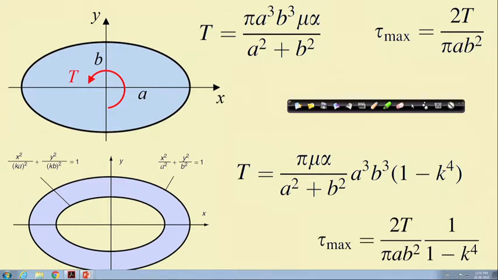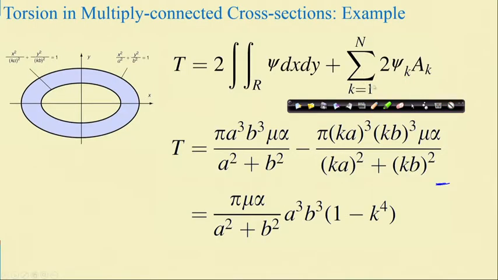Please note here, don't get confused between this k and the k used here. K used here is an expression. Here k is essentially a dummy index which gives you a summation over the number of holes, and this k defines the size of this inner hole.